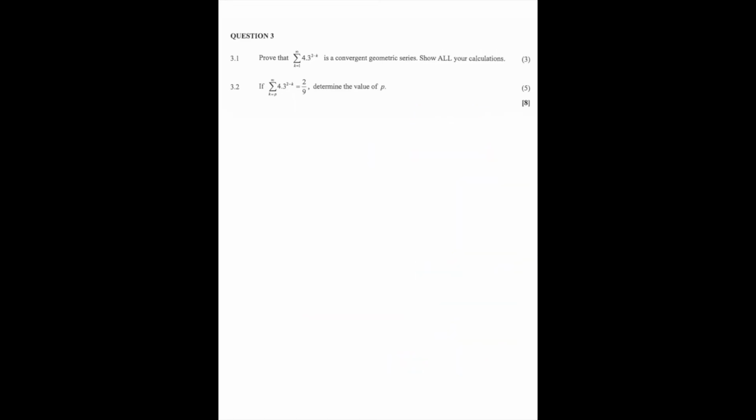The next question, question 3.2, reads as follows. The sum for k equals p to infinity of 4 times 3 to the power of 2 minus k is equal to 2 over 9. If that's the case, determine the value of p.